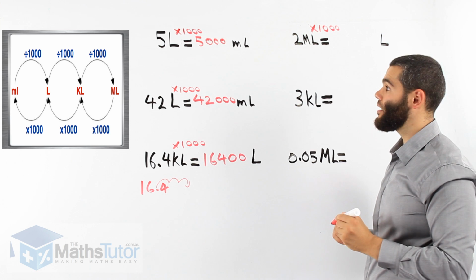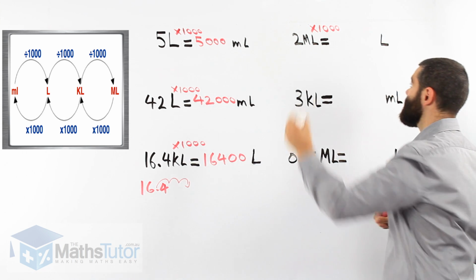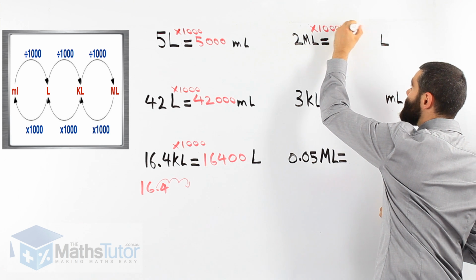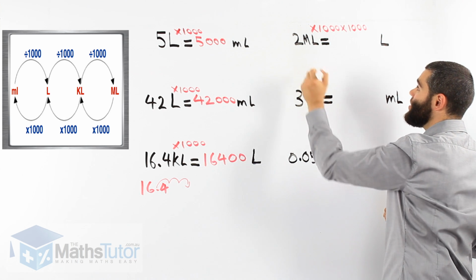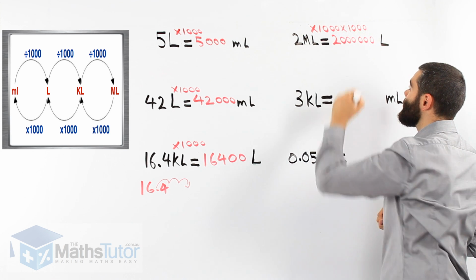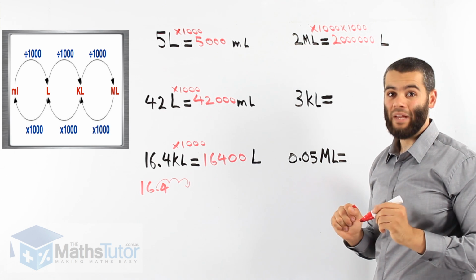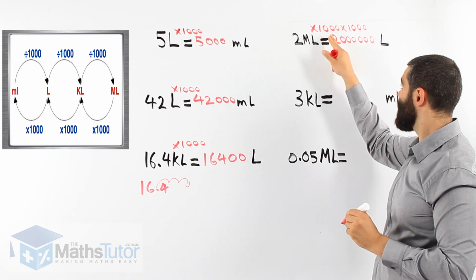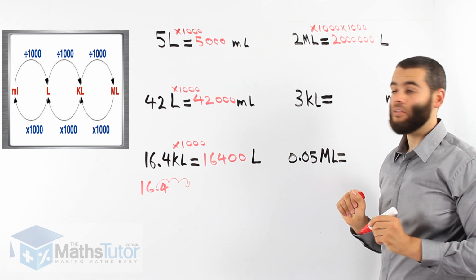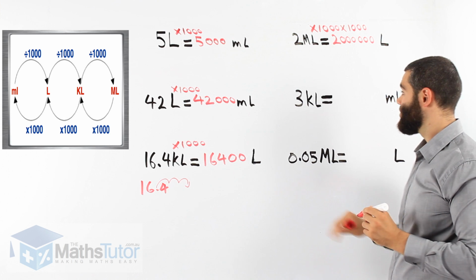So 2 megalitres times 1,000 to go to kilolitres, then times another 1,000 to go to litres. Which means we're going to have 2 million litres in 2 megalitres.